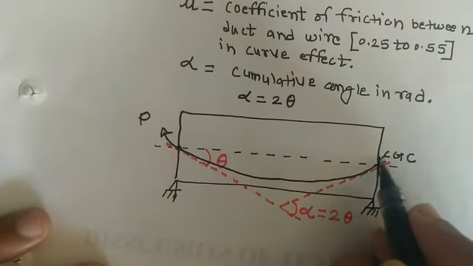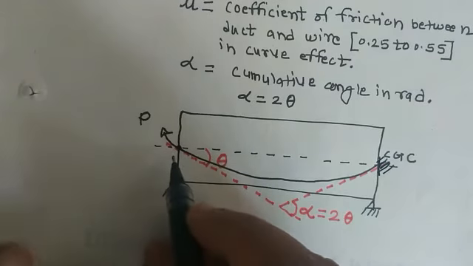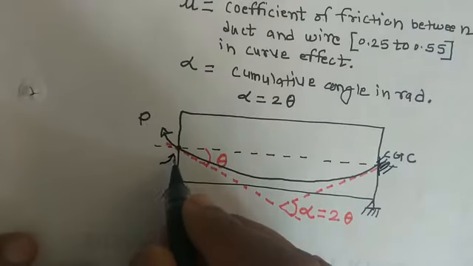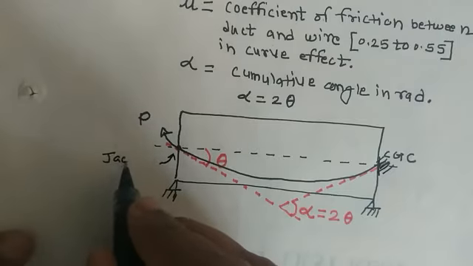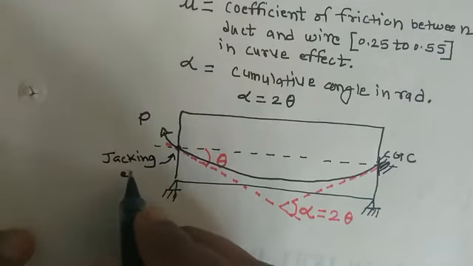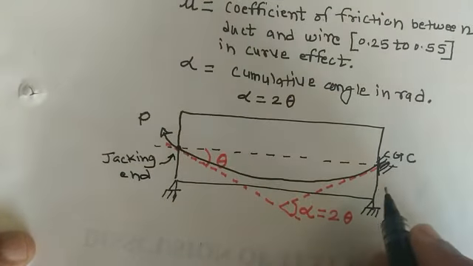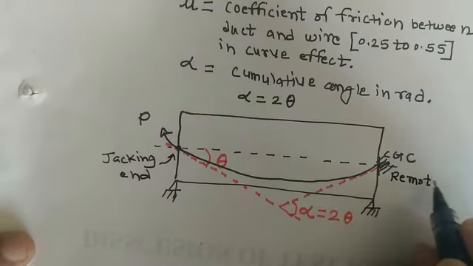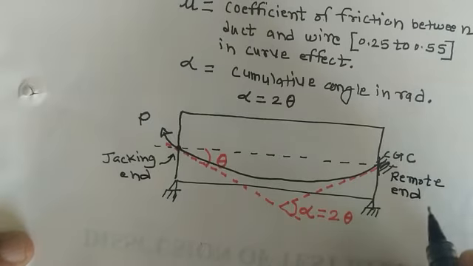Generally this end is fixed, and at this end the pre-stressing force is provided, so this end is called the jacking end, and this end is called the remote end.